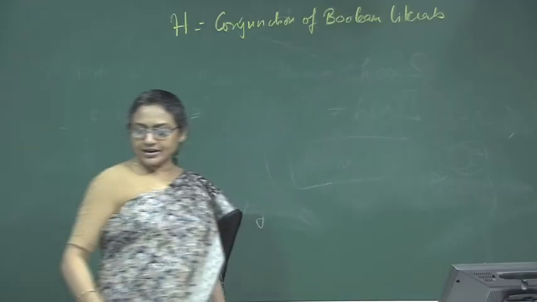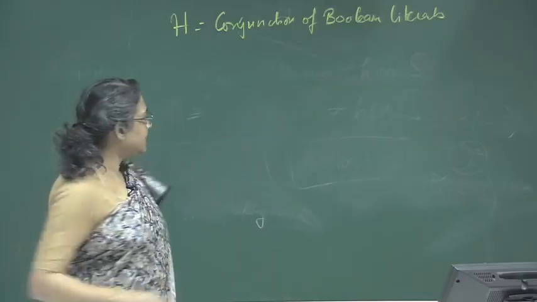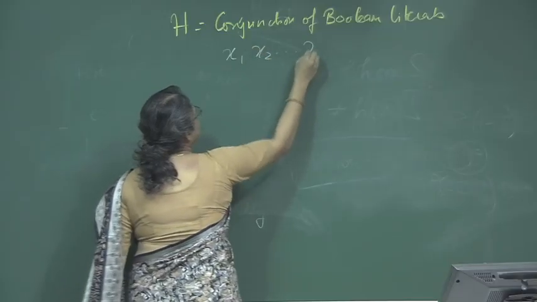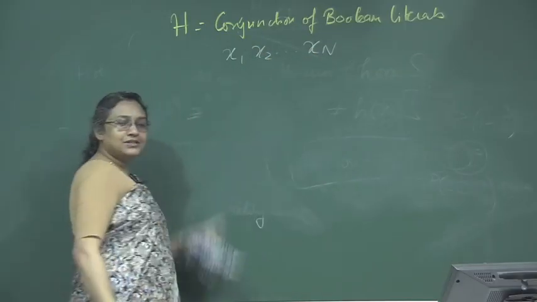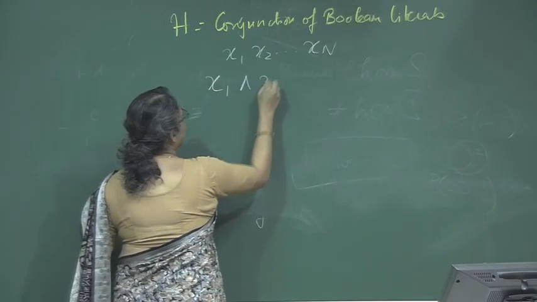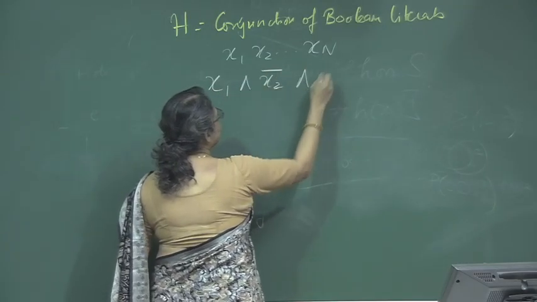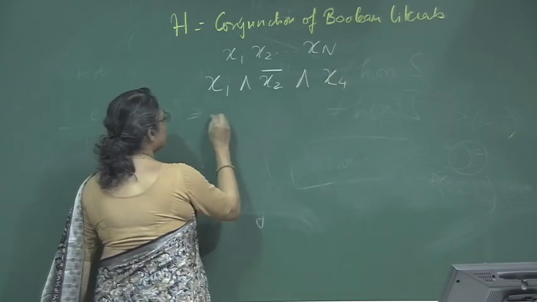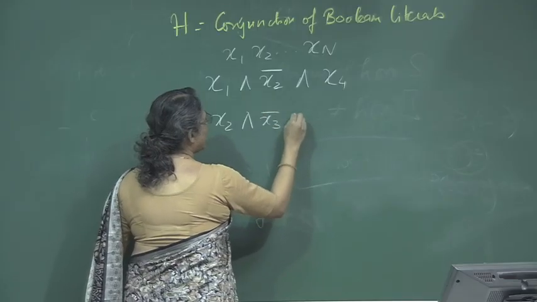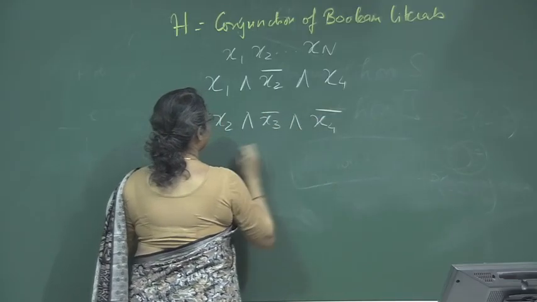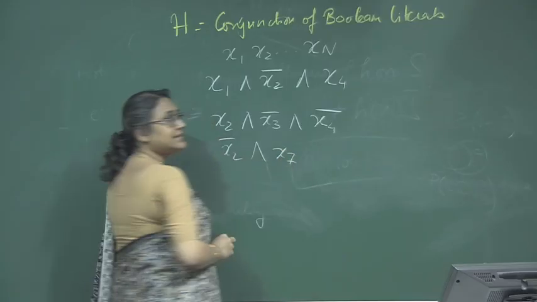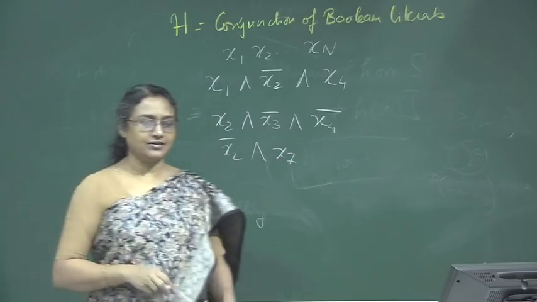Suppose x1, x2, ..., xn are your features. So, examples of Boolean literals are x1 and x2 bar and x4; x2 and x3 bar and x4 bar; x2 bar and x7. These are examples of conjunction of literals.